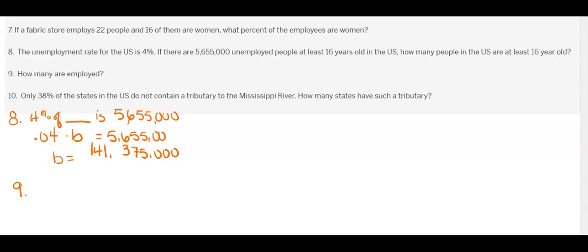So to solve, all I have to do is subtract 141,375,000 minus 5,655,000, and the result is 135,720,000 people are employed. Please finish problems 7 and 10 in addition to the others and bring them to class to show me next time you come.